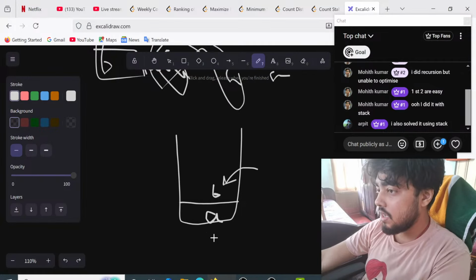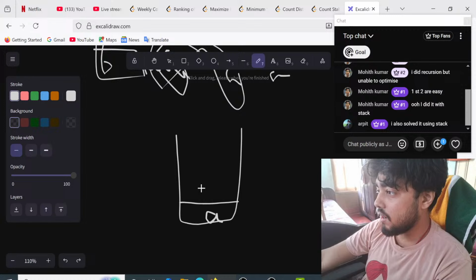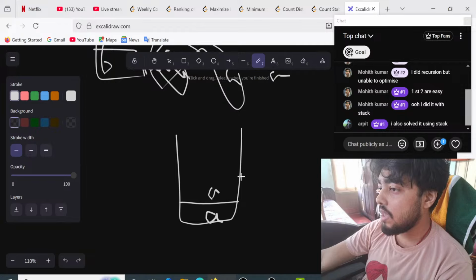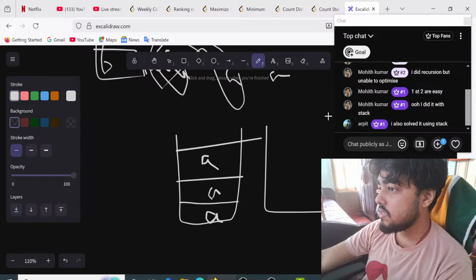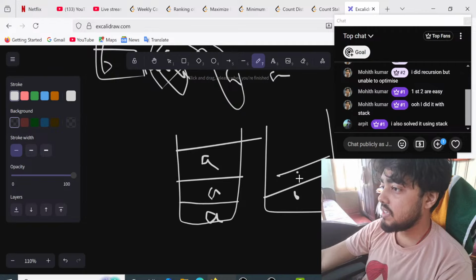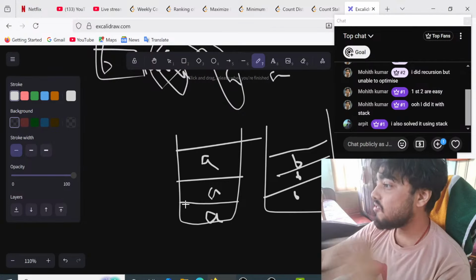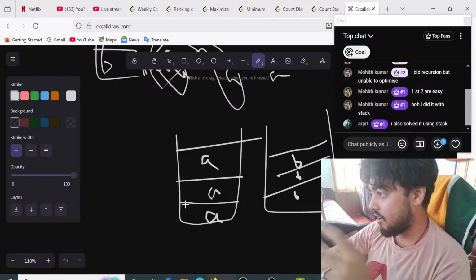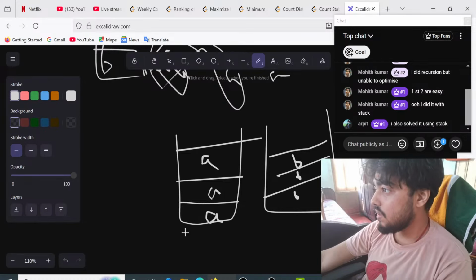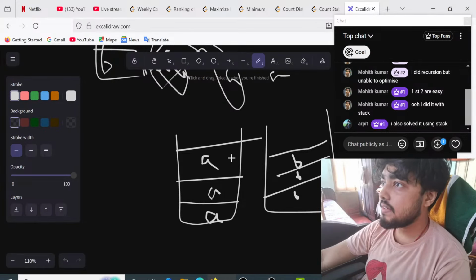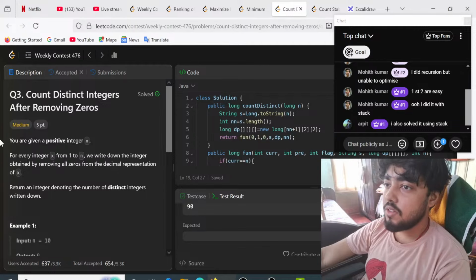So the remaining part of the stack will be either all A's or all B's. So that's the reason you don't have to use the stack. It was very simple. But if there would have been A, B, C, then obviously you would have needed a stack. Okay, great. Let's move on to the next question.